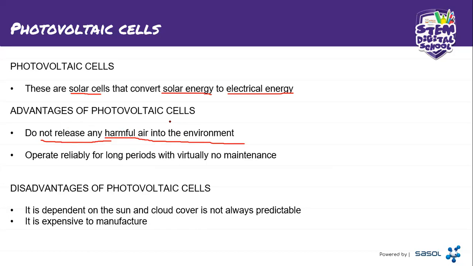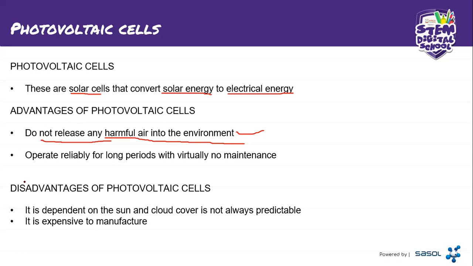All they do is absorb the solar energy from the sun and convert it to electrical energy. So it's not even a lower release. They just do not release any harmful air to the environment. That is a massive advantage.